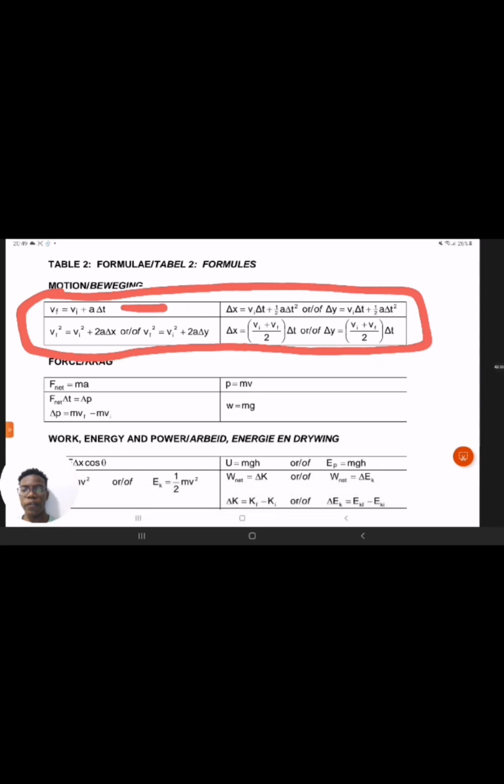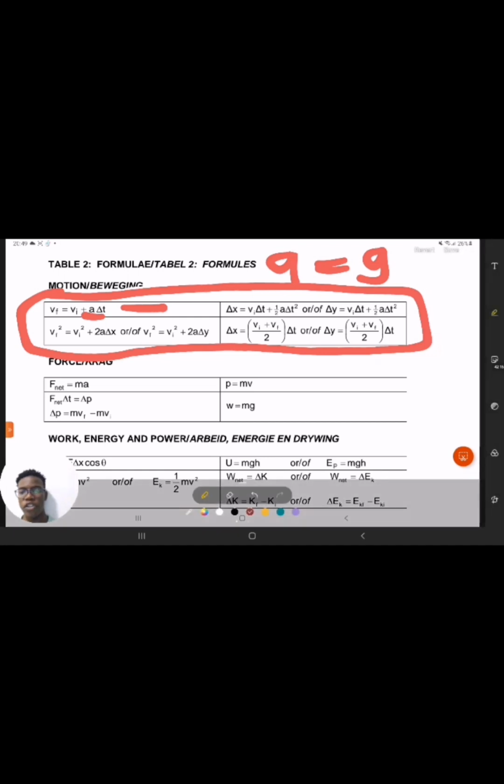If you look at this first one here, you've got VF, which we now know is our final velocity. You've got VI, which we now know is our initial velocity. You've got A. A, by the way, I called it G, right? A is just your gravitational acceleration. A is G in this case for vertical projectile motion, and then we've got our delta T.